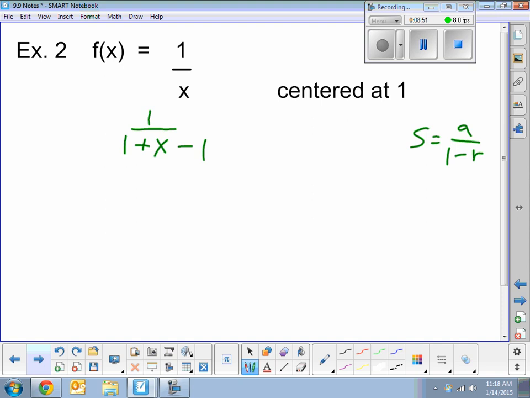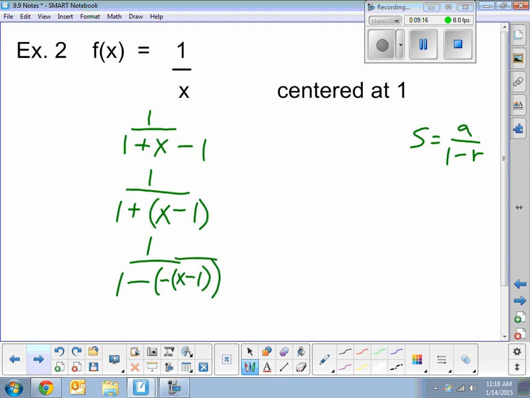If I rewrite this one now, I have 1 over 1 minus, I'll just write it one second, 1 minus x minus 1. So I haven't changed the value of it. Well, I need to now write that as a 1 minus, so it's minus a negative x minus 1.